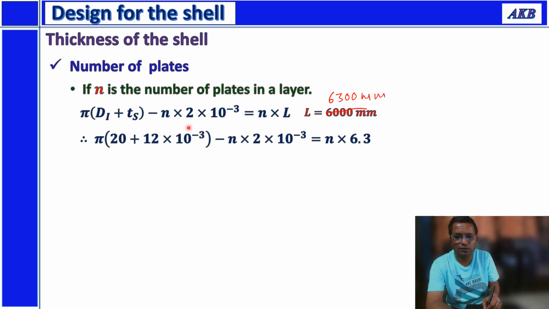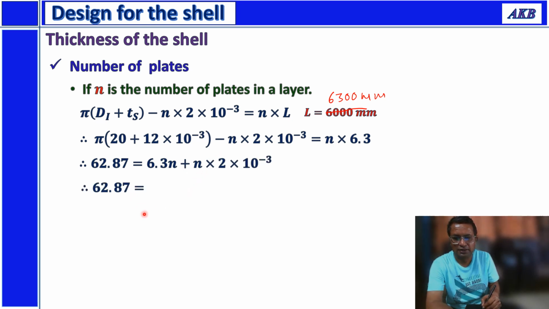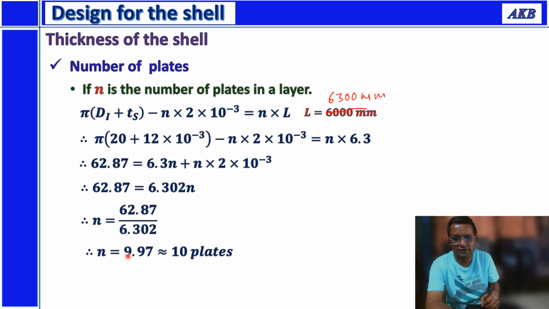Thickness we just calculated, thickness at the bottom is 12 mm, including corrosion allowance. So you have this equation. If you solve this equation, you are ultimately going to get the value of n, and the value of n will come out as 9.97. n will be equal to 9.97, that is approximately 10 plates.